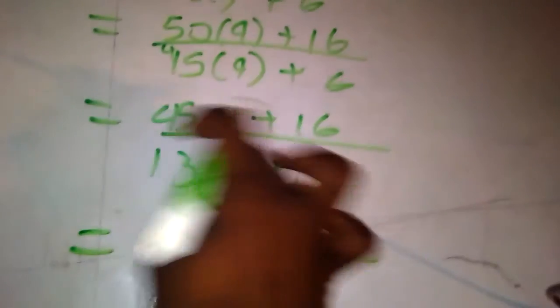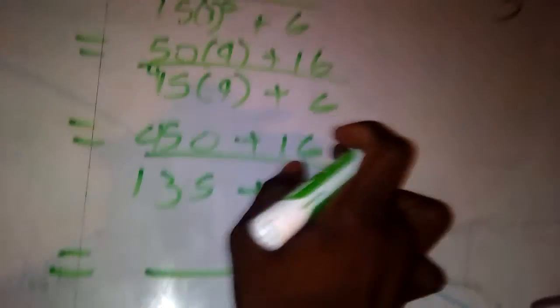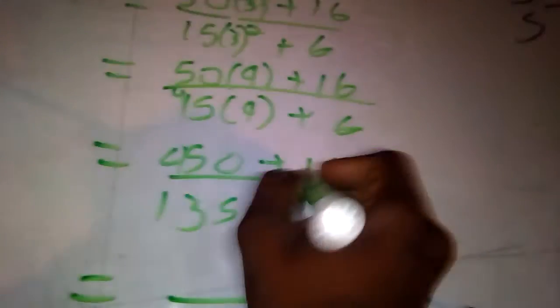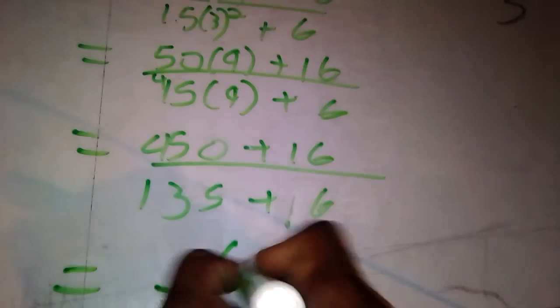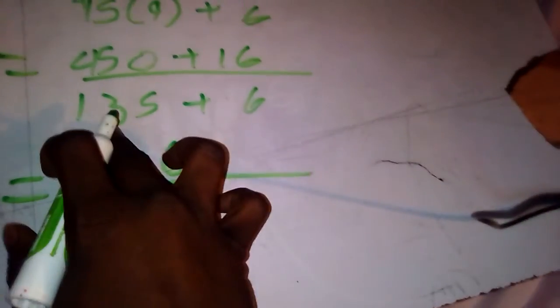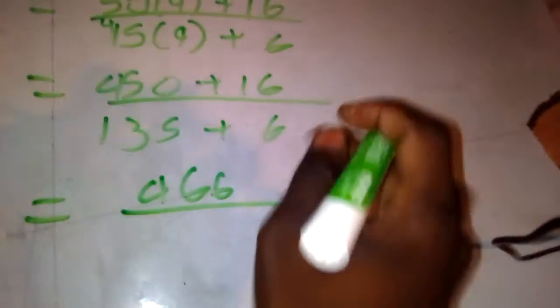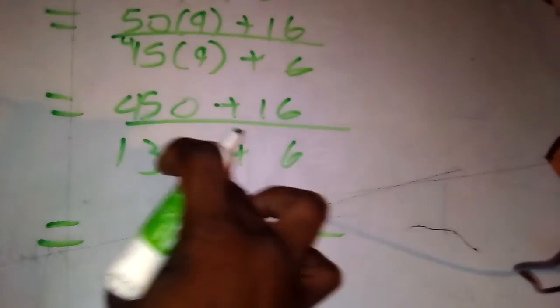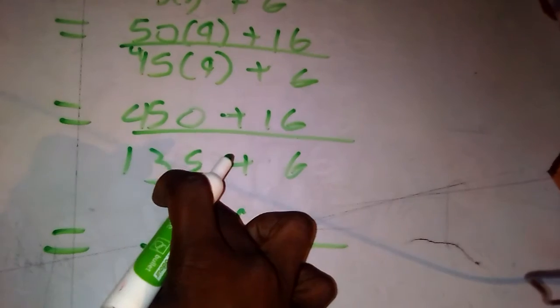Then we just finish adding it. We add the 450 plus the 16. 6 and 0 is just 6, 1 and 5 is just 6 again, I put back the 4. So 450 plus 16 is 466. I'm just adding out of my head, but you should use the calculators. Then 135 plus 6: 6 plus 5 is 11, so you put the 1 and carry a 1.